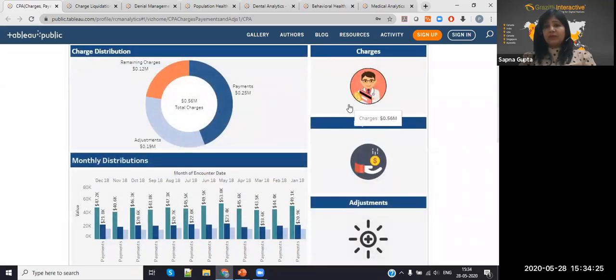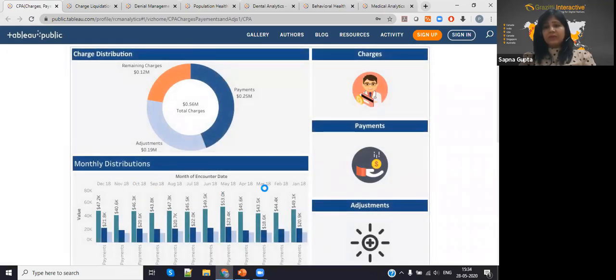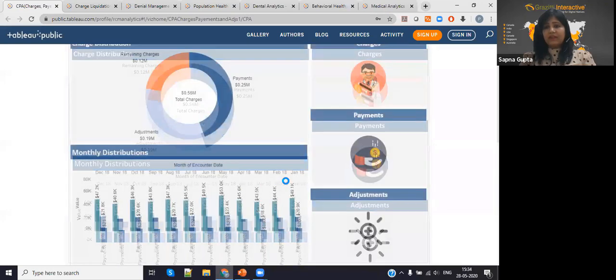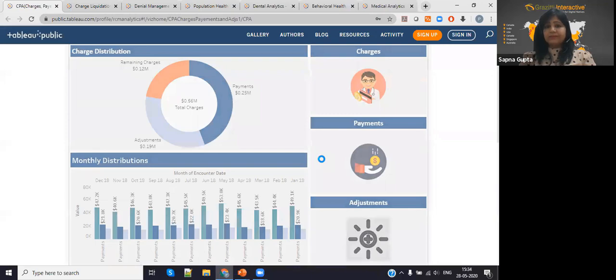And the bottom stack chart is showing the monthly distribution for all charges, payments, and adjustments. In addition to this, there are 3 actionable icons on the right-hand side, which enables you to further drill down the 3 measures: charges, payments, and adjustments respectively.